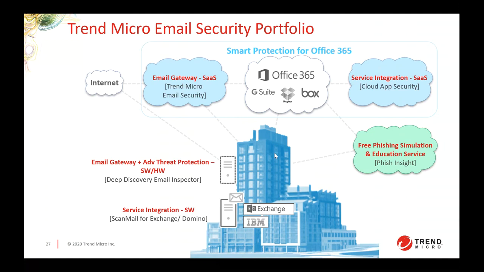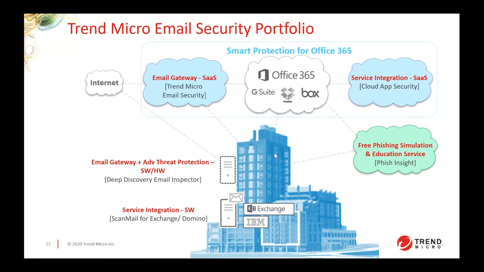There you can enable all the protections like phishing, spamming, business email compromise, and all the advanced techniques. Same like that, at the top in Trend Micro, we have Smart Protection for Office 365 suite, which includes multi-layer security for email.